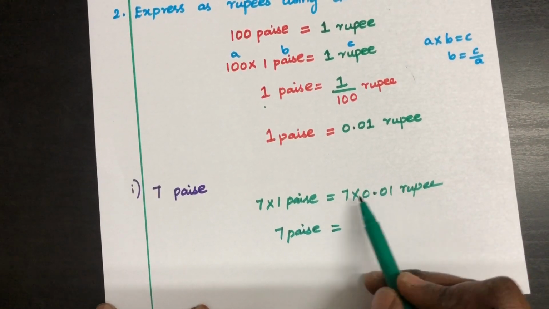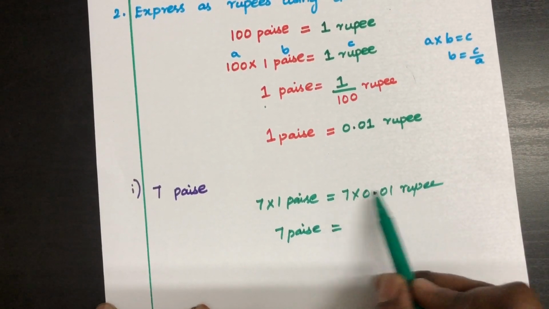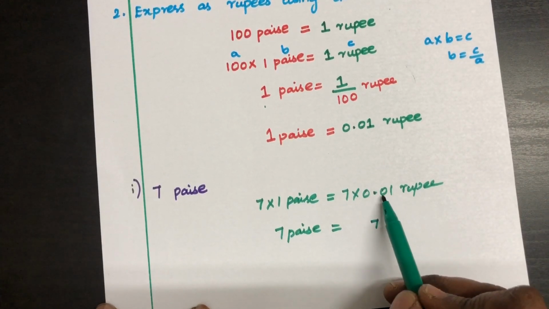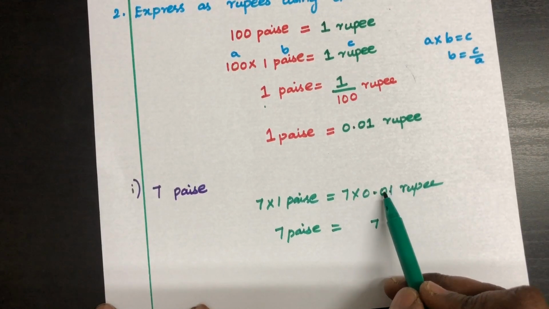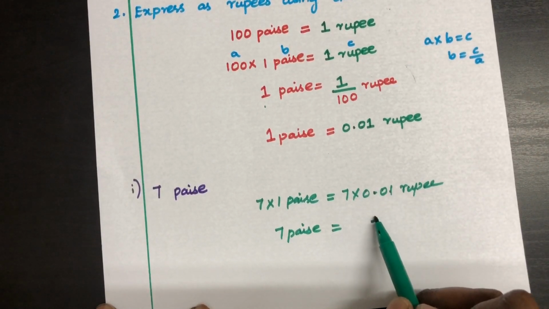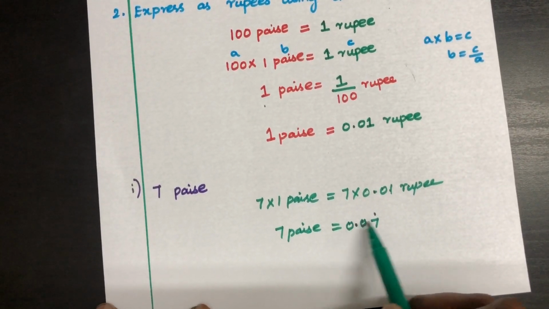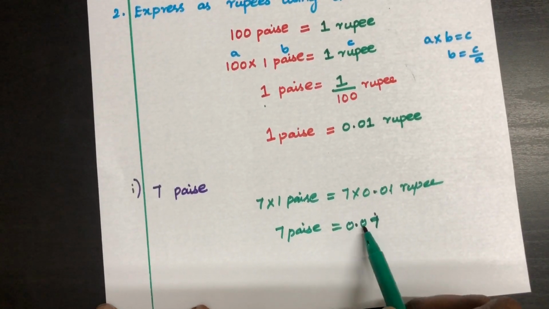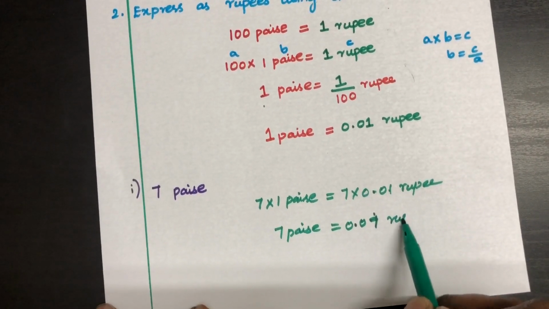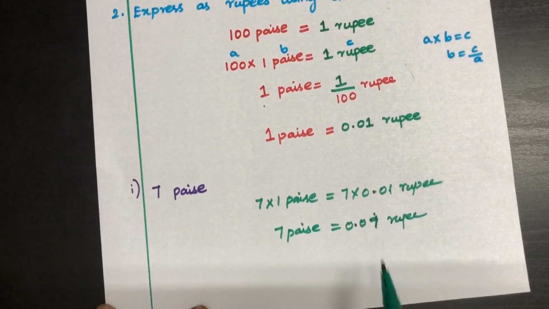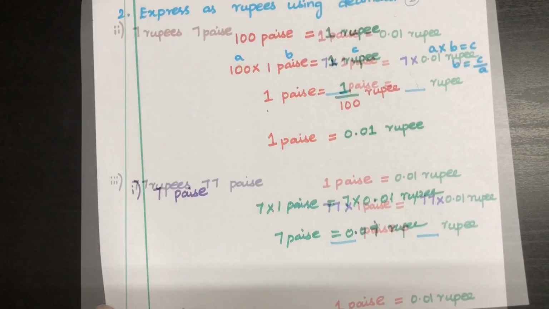Multiplying 1 into 7 is 7. Now we need to count the decimal digits, 1, 2. So we need to leave 2 digits on the right hand side and place our point here. See here, 0.07 rupee. 7 paise is equal to 0.07 rupee.